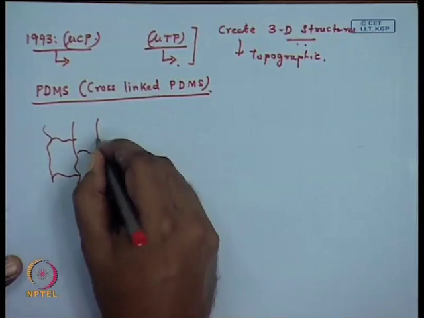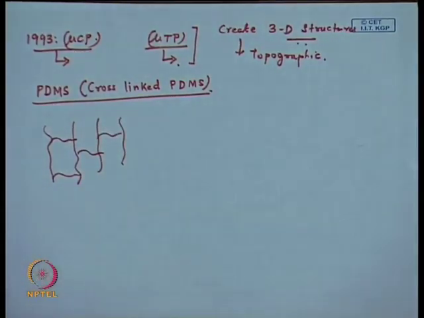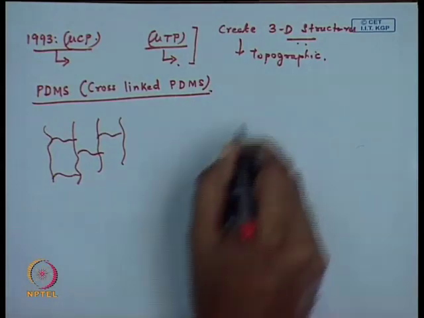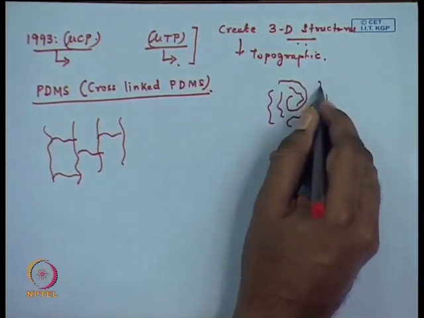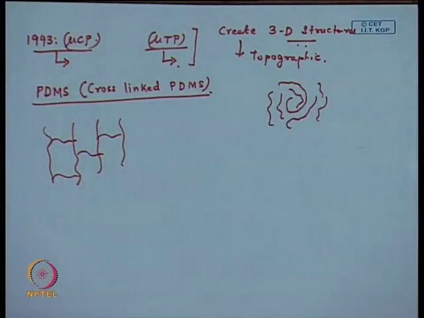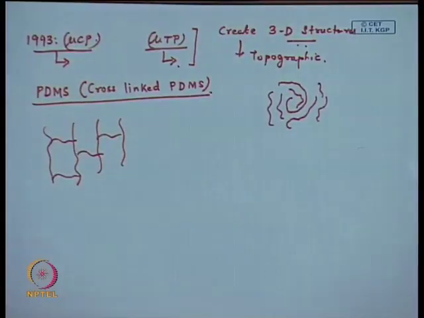So, there is a physical cross-linking between the molecules, so that you cannot really flow away an elastomer like you can a typical homopolymer film, and we talked about solvent vapor penetration, where the solvent molecules simply penetrate in and it goes in a liquid form. Now, that is not possible with an elastomer, because the molecules are cross-linked with each other.